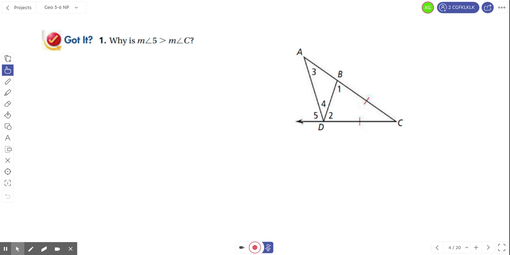So 5 is this exterior one, C is this angle. It's the vertex angle of the isosceles triangle. So, there's a lot of triangles here. There's more than 2. There's also a big one, so you'll want to look at that. Write out your proof. It's totally cool to write it on paper and load in the picture. Good luck with that. I'll see you for the next problem type.